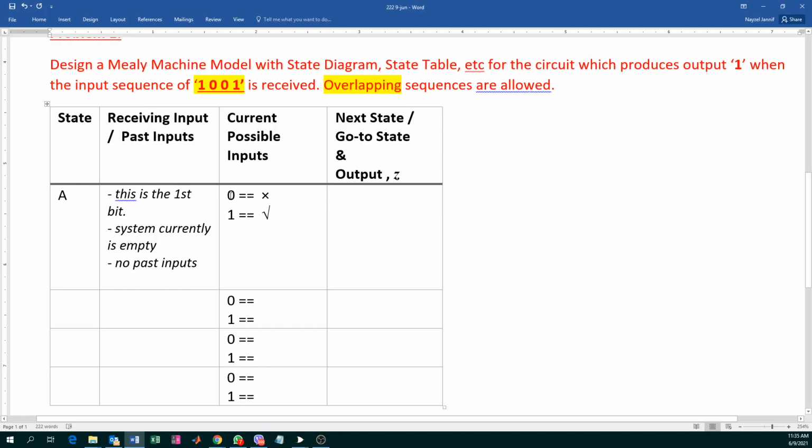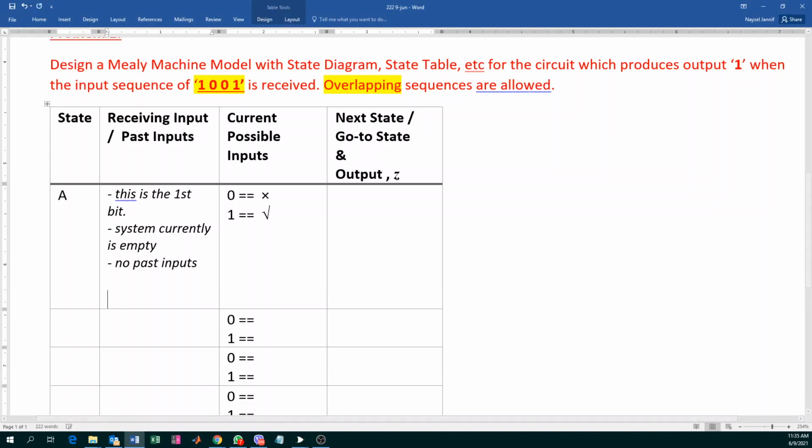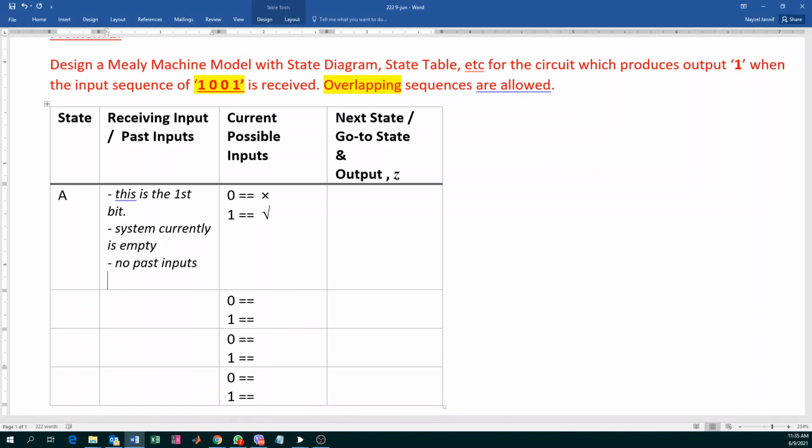If, let's say, the first bit is a 0, we put a cross. If the first bit is a 1, we're in. So we are confirming that we have the first bit, right? The sequence over here will be blank, blank.